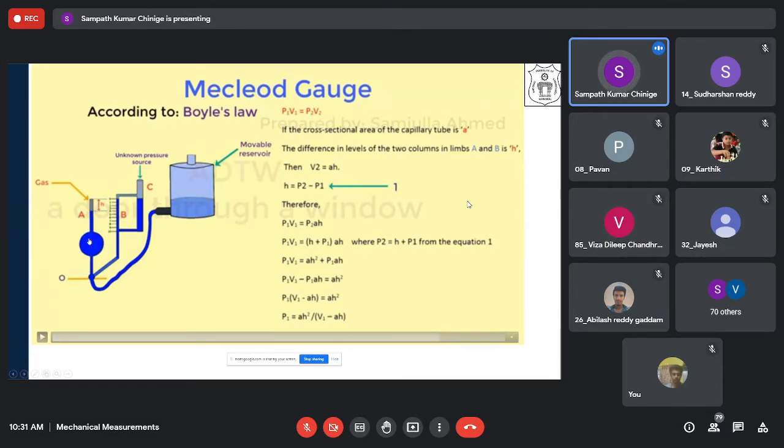It's very high, right? AH is small when you compare it to V1.